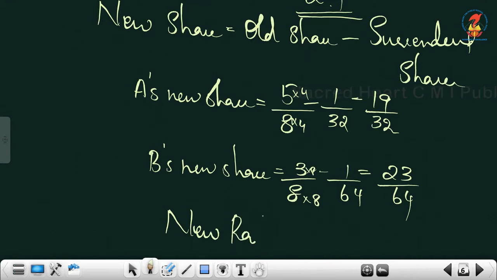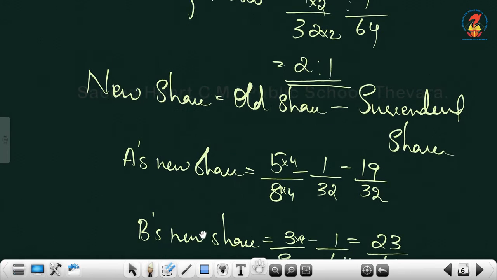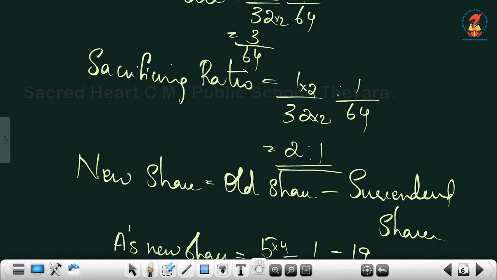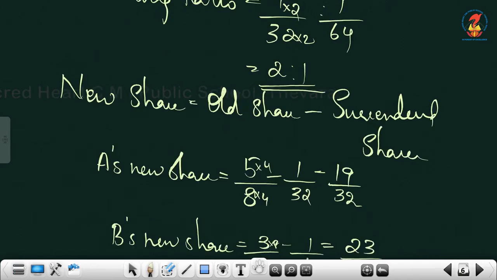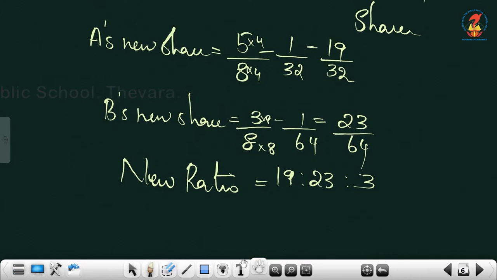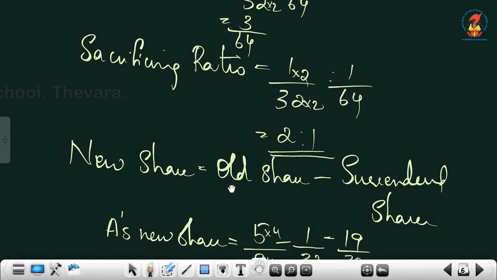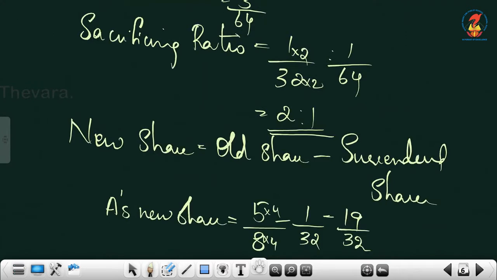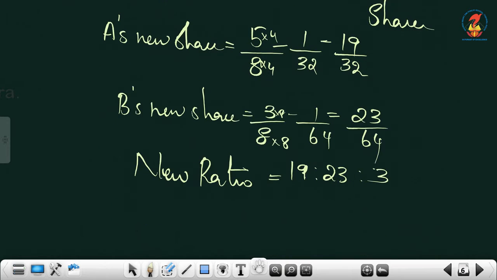Now you can write the final ratio, new ratio. Already we wrote the sacrificing ratio. Now the new ratio will be 19:23:. There is one more partner. What was C's new proportion that we already computed, isn't it? 3 by 64. C's is 3 by 64, but the first person's new share is 19 by 32. The base is different.